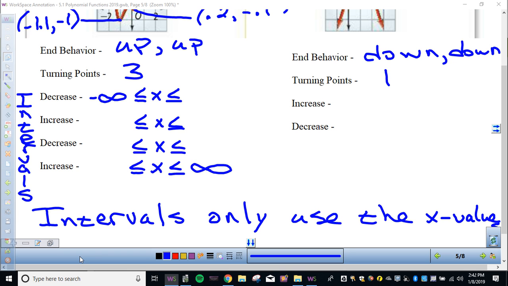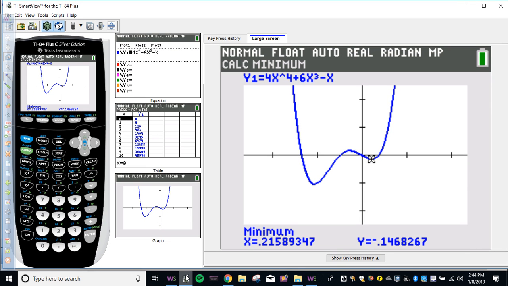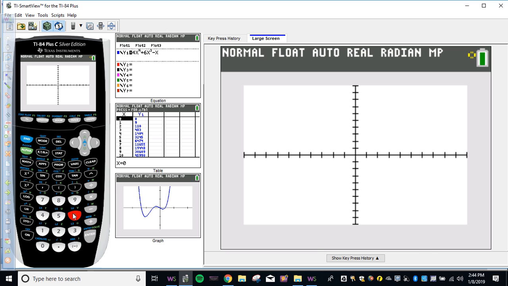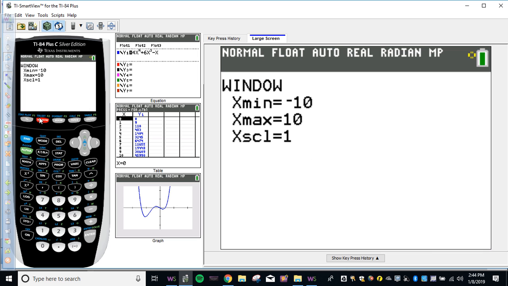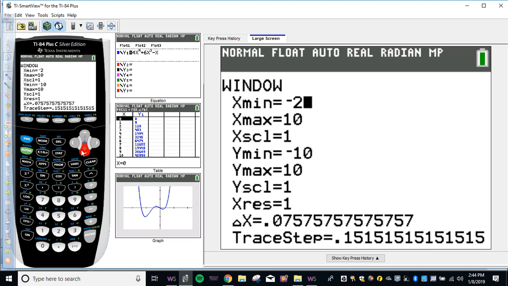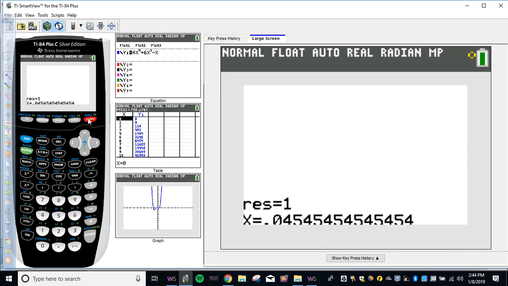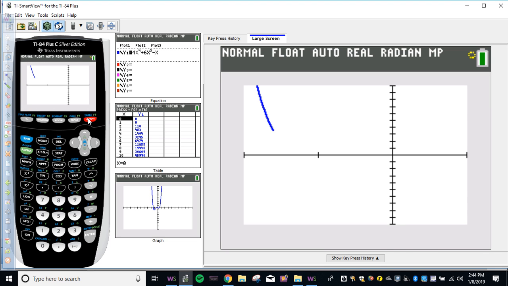So why does it start at negative infinity? Again, we're only using x values. I'm just going to change the graph a little bit because it makes the point better. So I just zoomed in on the graph in a slightly different way here.